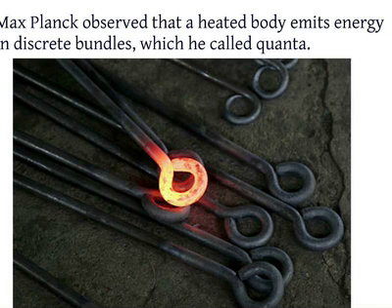So we needed a new way of understanding reality. That's where this whole concept of quantum mechanics came about. Essentially, Max Planck observed that a heated body emits energy in discrete bundles, which he called quanta. He looked at the spectra, and the only way he could explain what he saw in terms of these colors was if he made the assumption that the energy coming out was not a continuous distribution of waves.